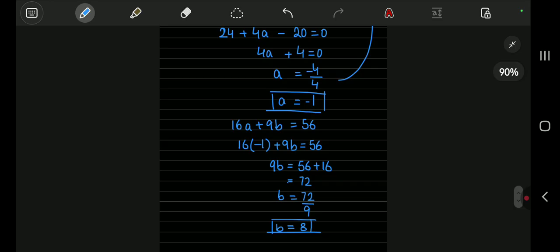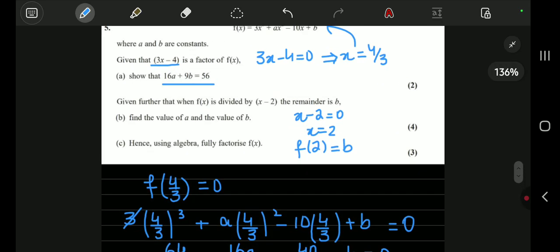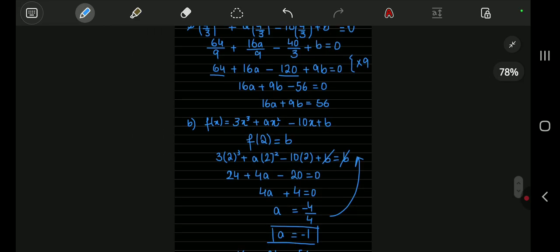Then in part C, we have to find, using algebra, the fully factorized form. For factorizing, the first factor that we have is 3x minus 4.